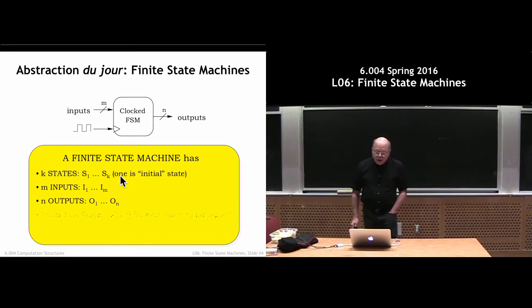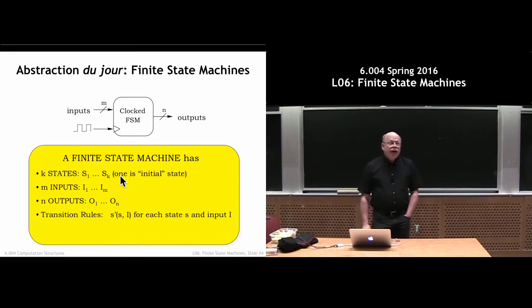There are m inputs and n outputs, typically small numbers, although they can be quite large. And what we do to describe the operation of the FSM is we provide a set of transition rules. So for each possible internal state, S1 through SK, we're going to provide some rules that tell you, for the current value of the inputs, the next state for the machine. In other words, at the next rising clock edge, how the internal state will be updated.